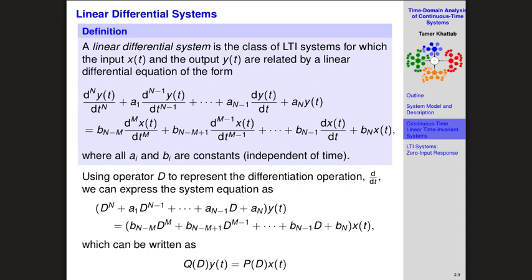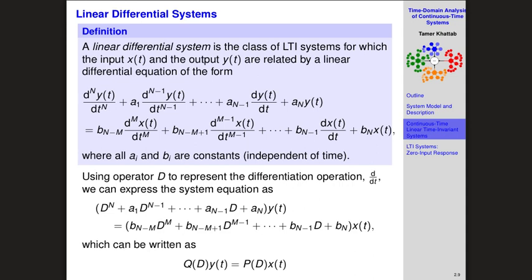So for the Q of D, it's of order n, and for the P of D, it's of order m. Okay? Generally speaking, you see that in the next slide, for those systems, we always want n to be greater than or equal to m for practical reasons. Can anyone figure out why?